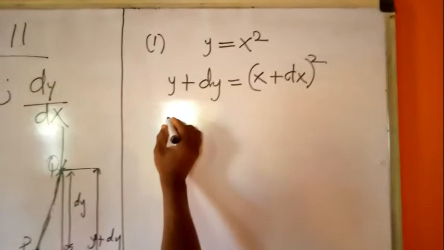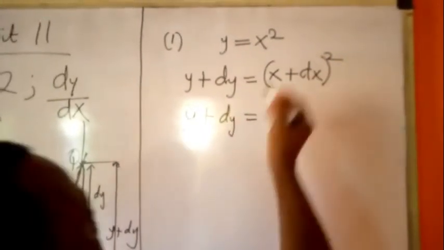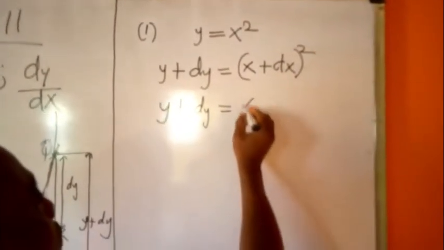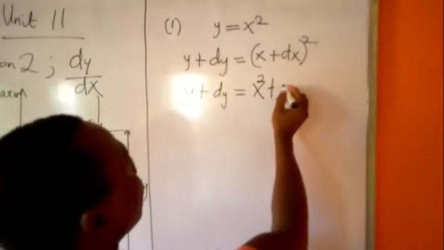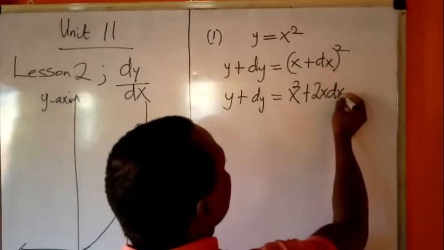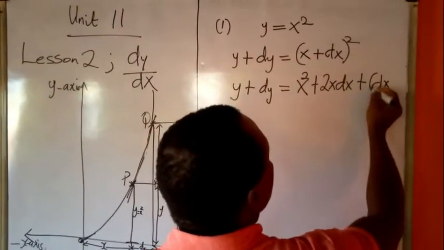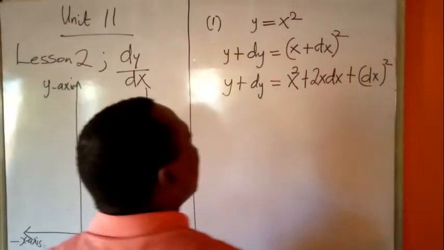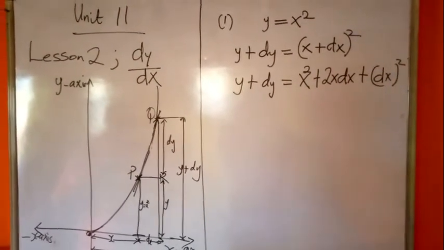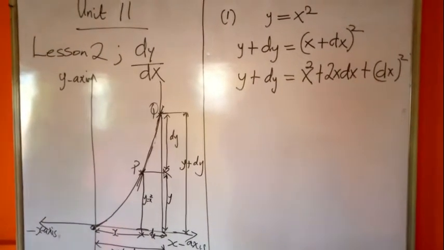So you have y plus dy. You expand this from our usual way of expansion. You are going to have x squared plus 2x dx plus dx all squared. So you are going to have x squared plus 2x dx plus dx squared.